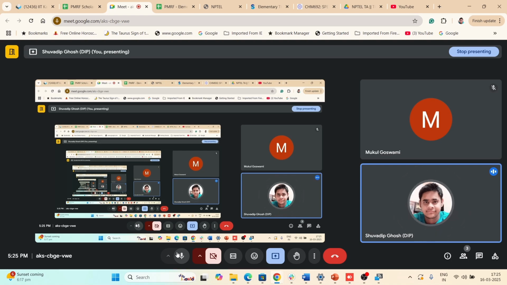The screen has been disconnected, right? One minute, let me connect it.